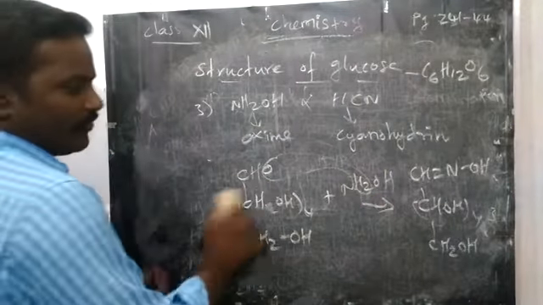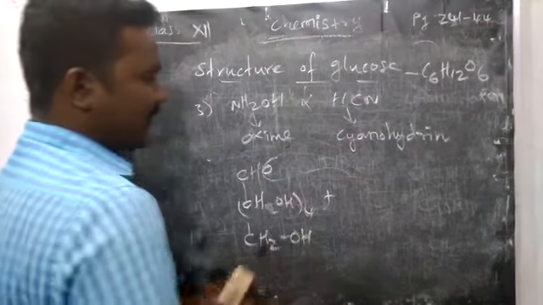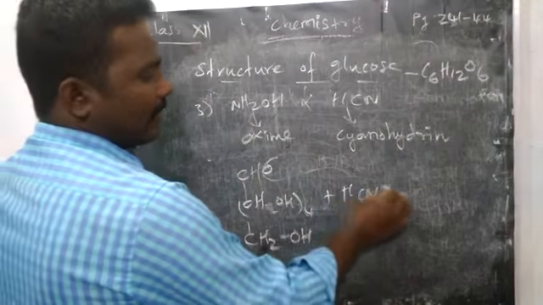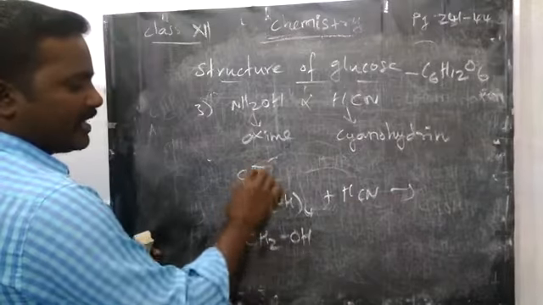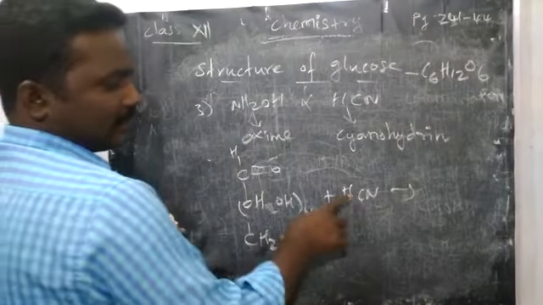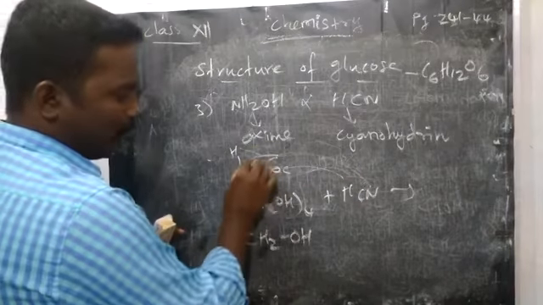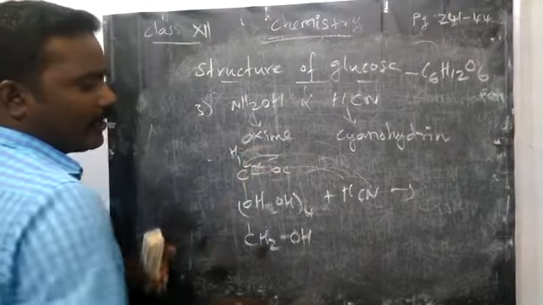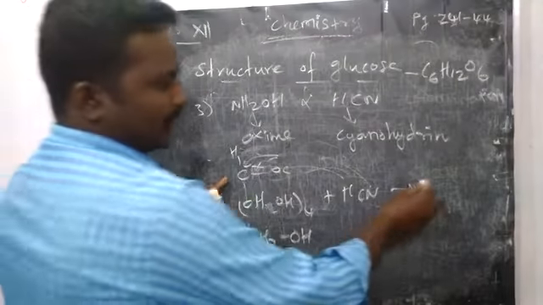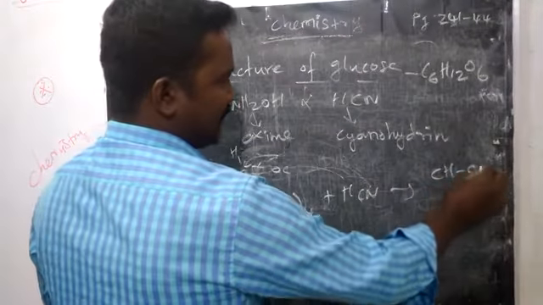Also we can treat with hydrogen cyanide, HCN. How will you treat HCN? See, H plus you add to the oxygen, CN to the carbon, not to the hydrogen. The double bond becomes a single bond. So what is the product? CH is connected with the CN.